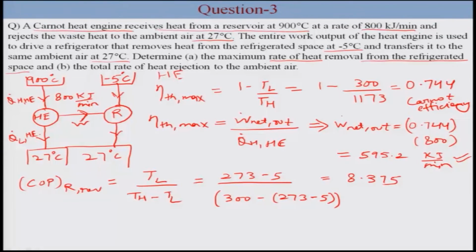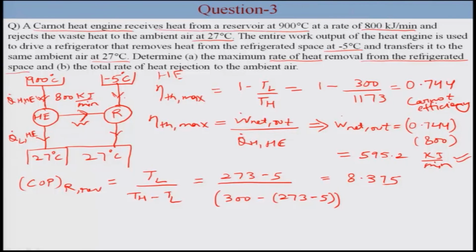Marking all the notations. Here the heat engine is taking heat from a source at 900 degrees Celsius, which is Q dot H of the heat engine. It is rejecting heat to the ambient air, which is Q dot L of the heat engine.